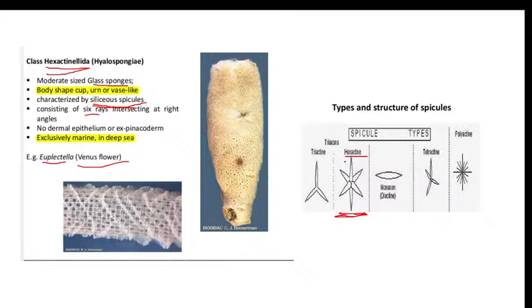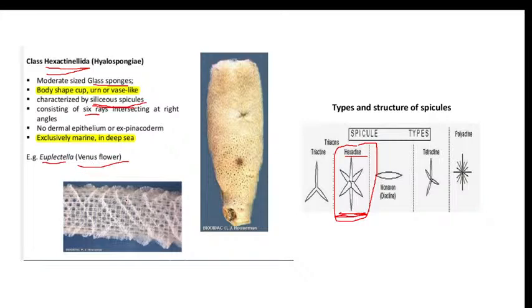That is why it got the name Hexactinellida. Hexactin means spicules with 6 rays. This type of spicules are found in this type of sponges.